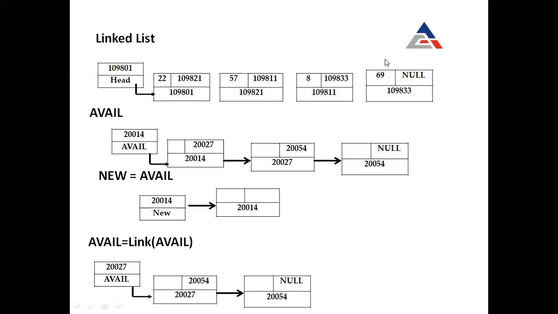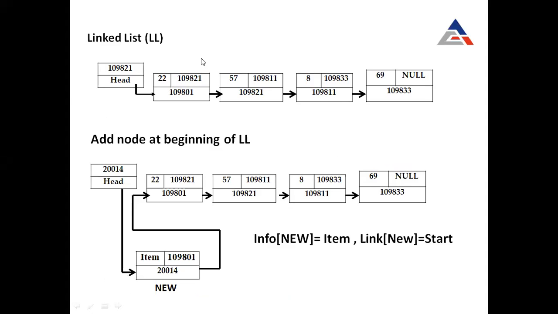Let me explain. So avail has three empty spaces, I pick one empty space, call it new, and now I have the remaining two availabilities in the avail linked list. Okay, because I want to add the new element at the start of the linked list.